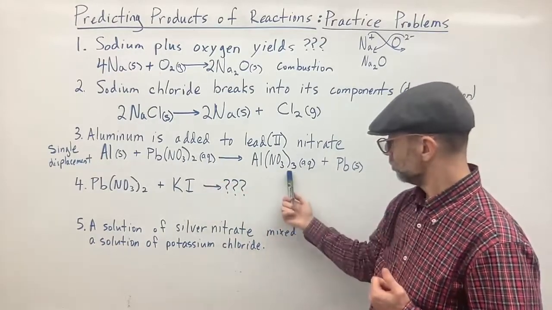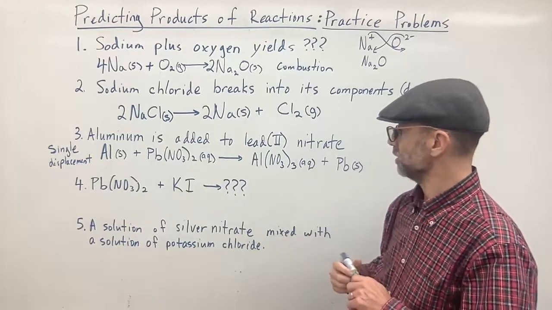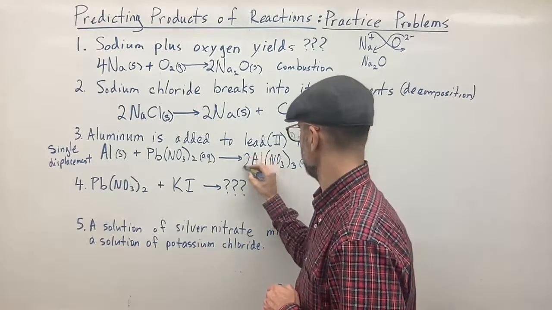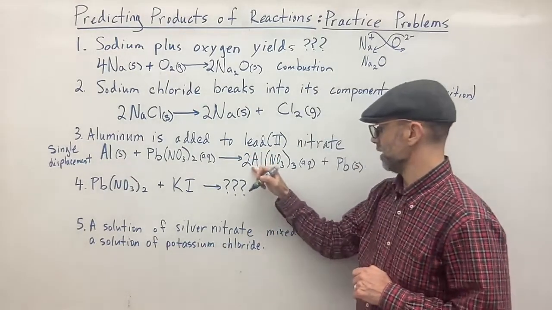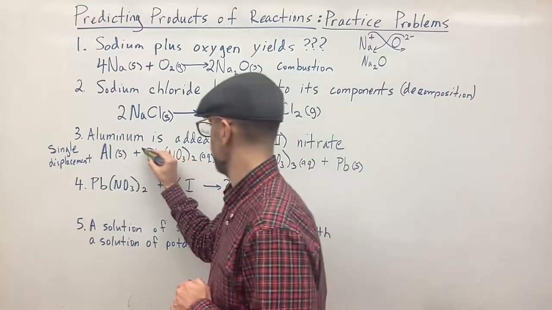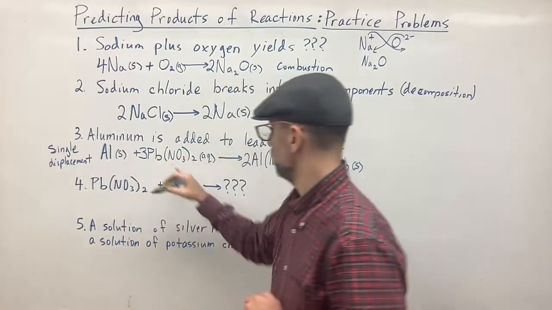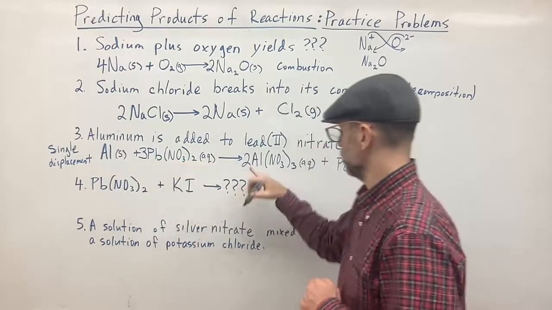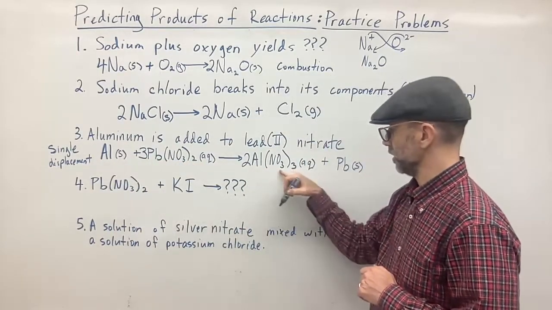So the easiest way to do this is to make a 2 here. If I put a 2 here, I have 6 nitrates. And if I put a 3 here, 3 times 2 gives me 6 nitrates. 2 times 3 gives me 6 nitrates.